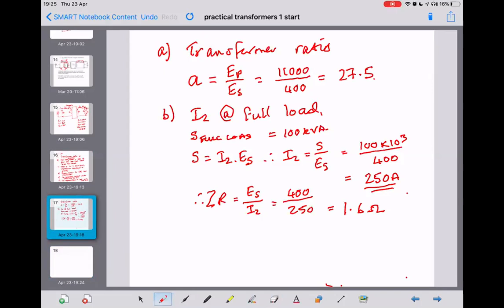Now, part C was transferring the 3 secondary impedances. So that's X2, R2, and the load over to the primary side.